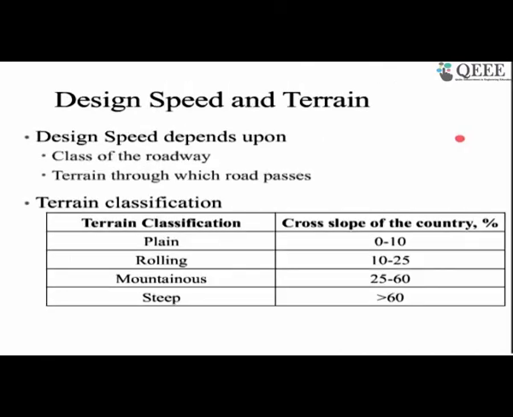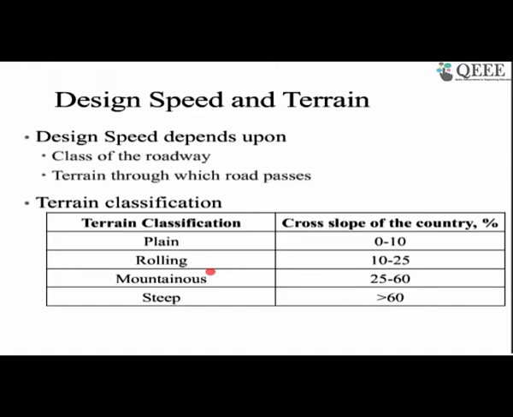And moving on to the design speeds and the terrain, as I told you, the terrain plays a major role, as we say, plain, rolling, mountainous and steep. The ghat section, whenever we talk about it, we are talking about a steep section where the cross-country slope is more than 6%. Based on this, we will be deciding.